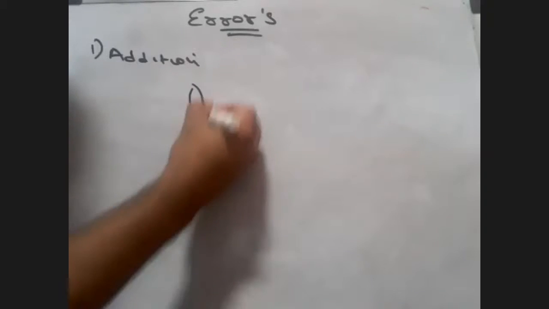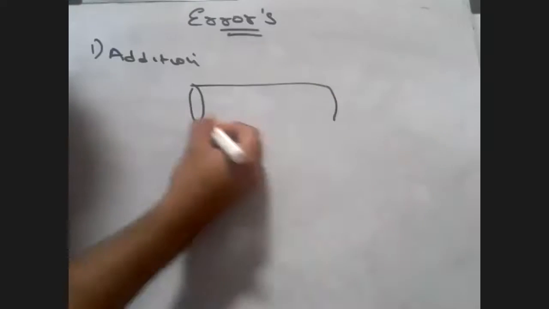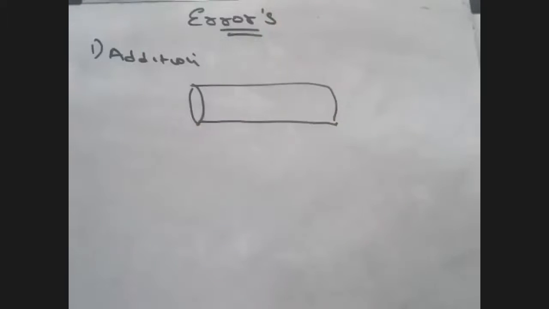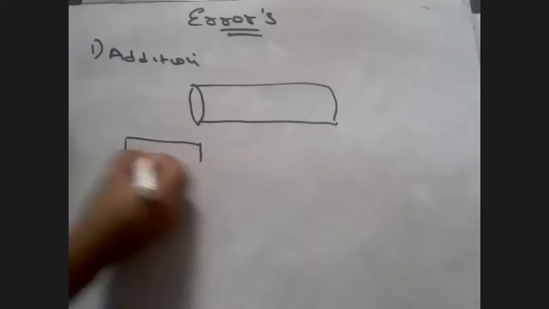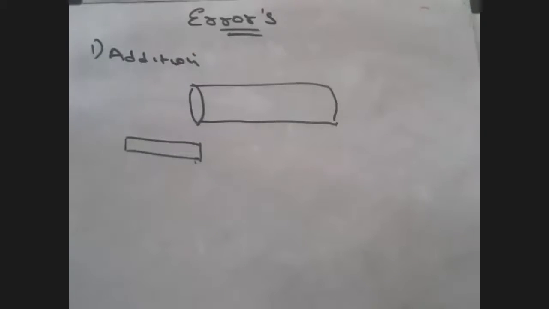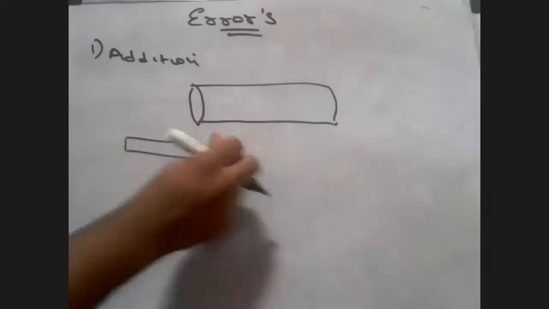Now, suppose students, I have an object. This object is a cylinder, and what I do is basically I have a scale which is only this much in length. Let's say I have two scales.